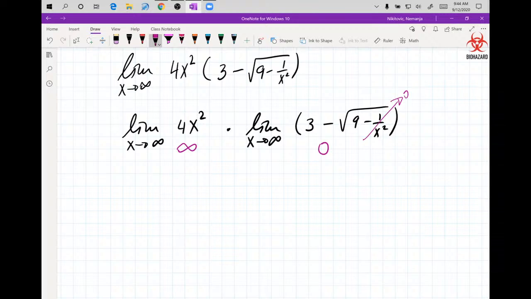So the way to solve these problems, as you are going to see, will be to put limit of 3 minus square root of 9 minus 1 over x squared divided by 1 over 4x squared.